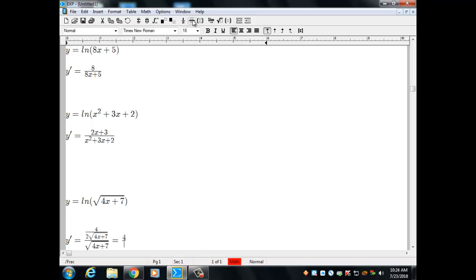It's 4 over 2, 4x plus 7. The square root and the square root will combine together to just become 1, right? And then the 2 and the 4 would cancel, and that would give you a final answer of 2 over 4x plus 7.